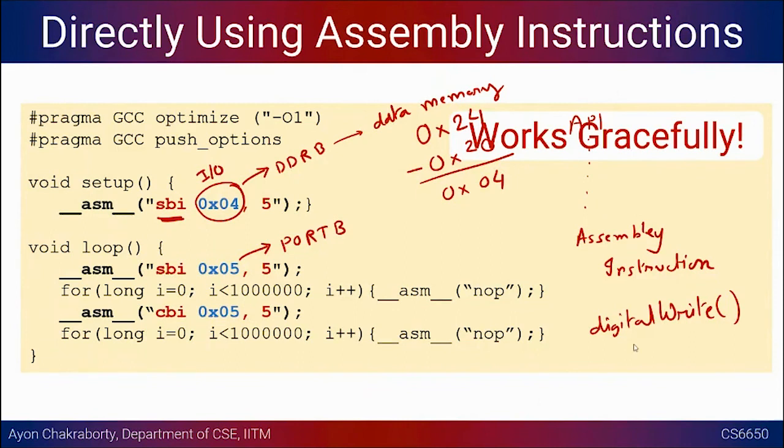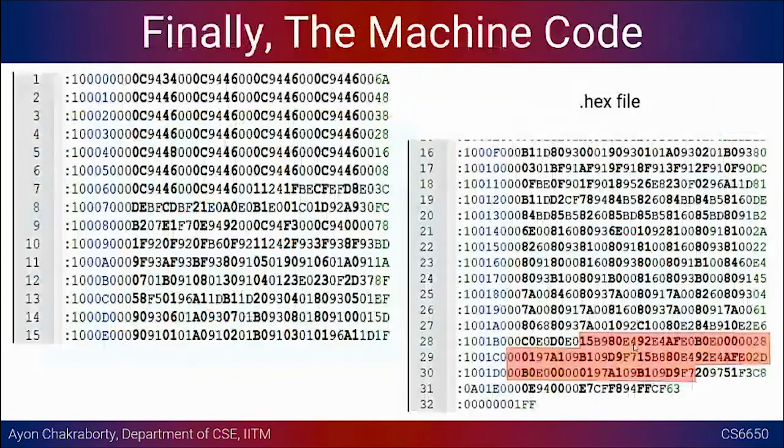And if we are using digital write directly, the extra overhead sort of hampers the speed of the code as well as the memory that is consumed in the final code, right? So there are lots of ways to shrink that code by doing this kind of job, right? So the closer you are to the hardware, the more efficient your code will be. So this is the machine code.